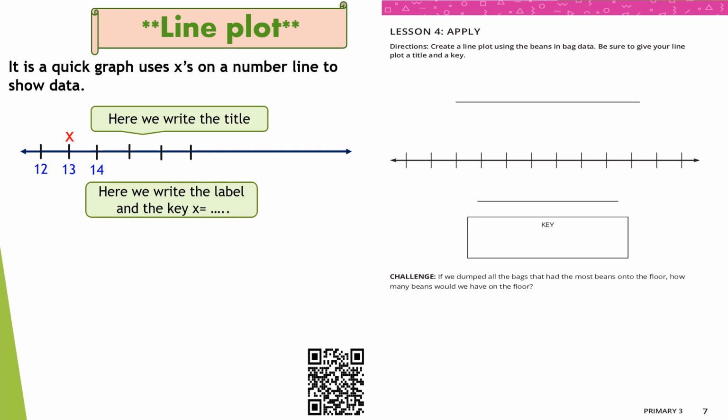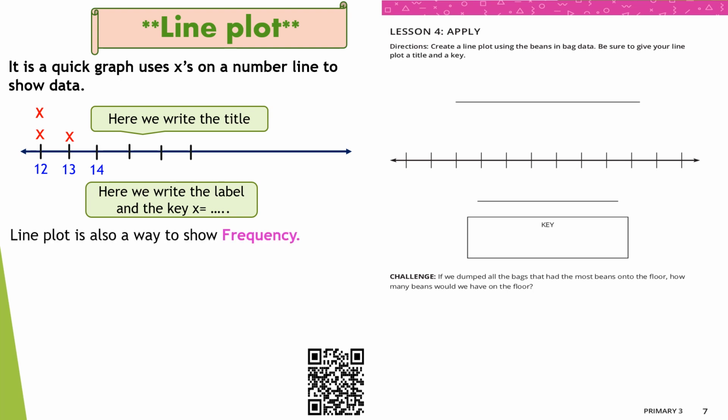Here, if we put an X on 13, it means the frequency of 13 is 1. And if we put 2 X's on 12, it means the frequency of 12 is 2.